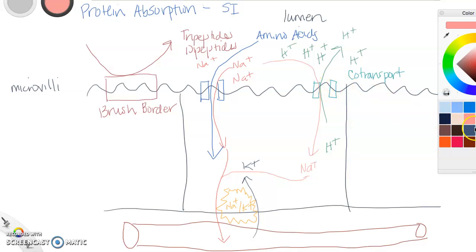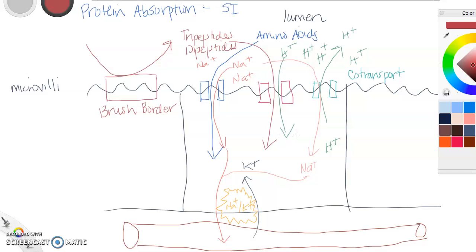There's another transporter on here that allows for the hydrogens to move back into the cell with their gradient, creating a gradient movement, and with that come the dipeptides and the tripeptides.